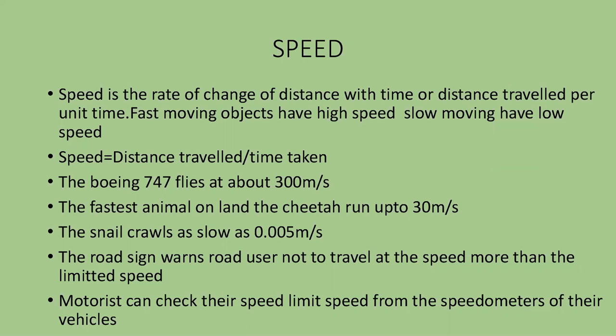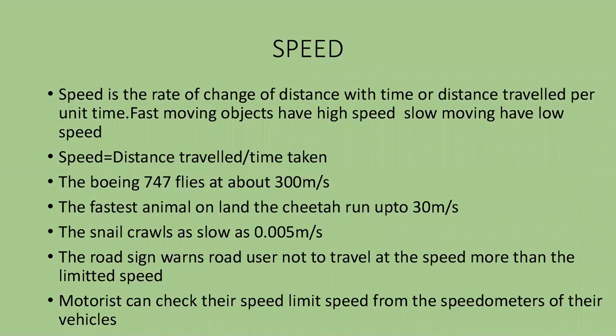It means whenever 30 meters is the distance, you divide it by 1 second, then it will be the rate or the speed of the cheetah. Right? Clear? And it must be clear that the distance traveled is divided by the time. This is the speed or the rate of the speed.